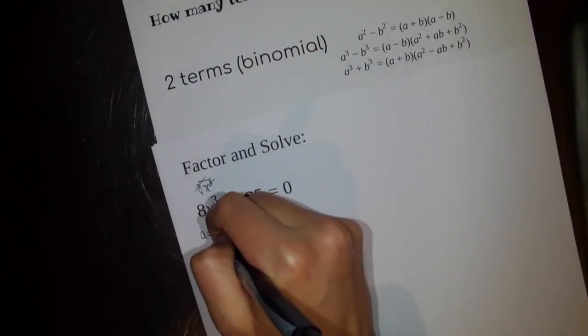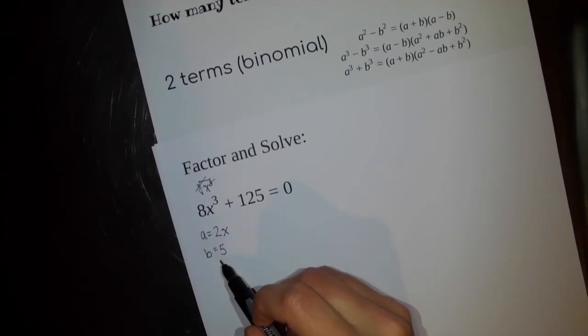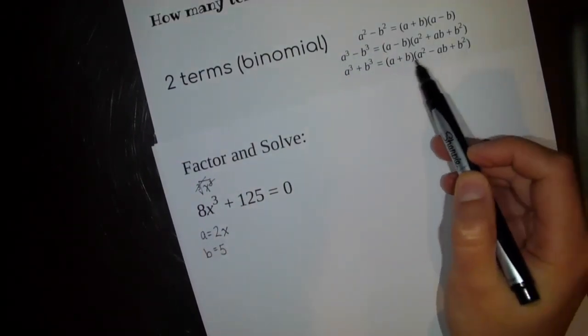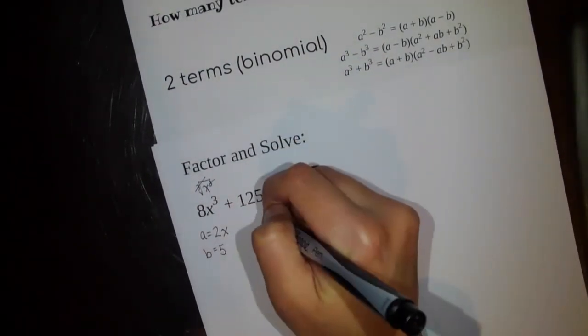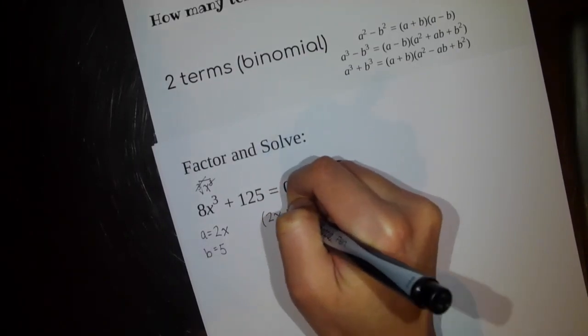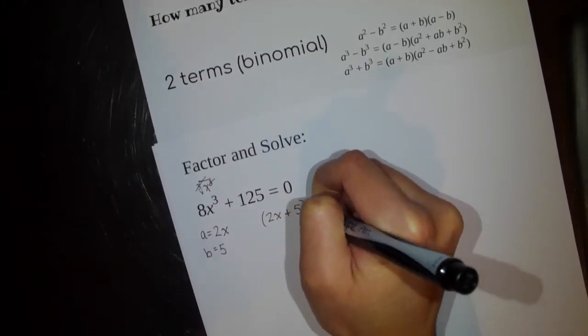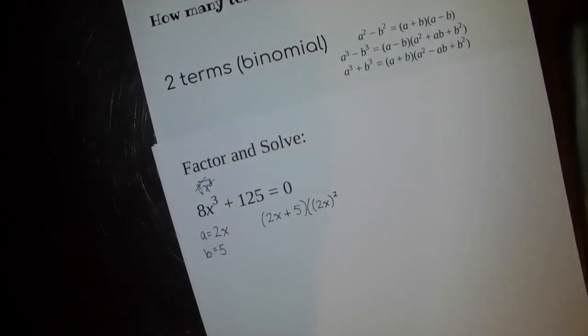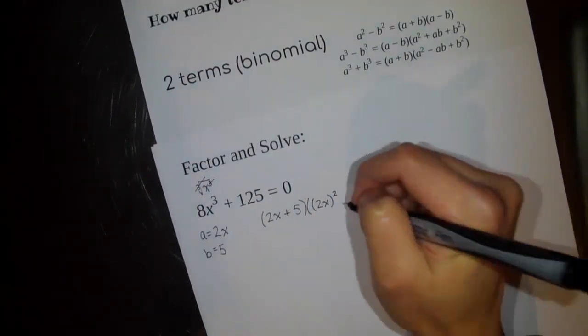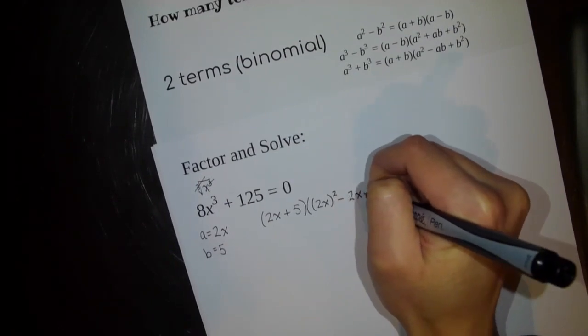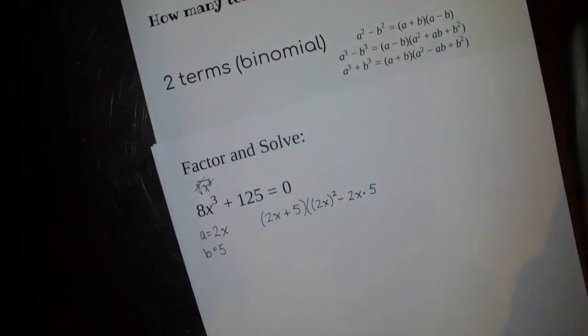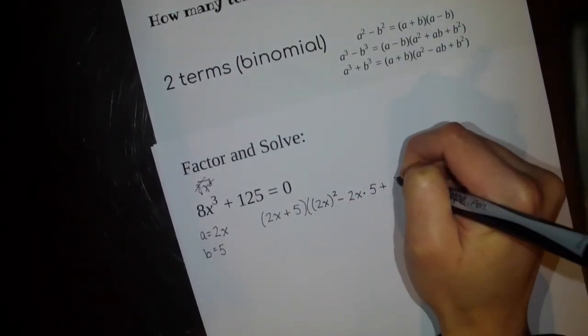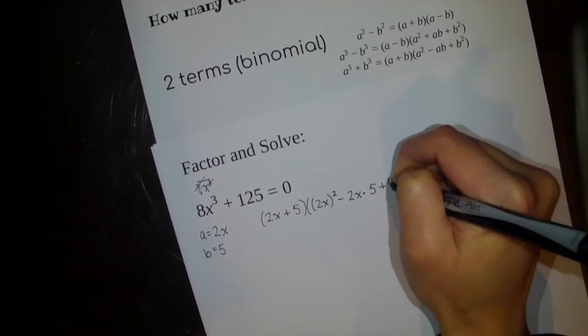And that's my b term. So I'm just going to plug my a and b into just this part of the formula. So this will be 2x plus 5, and then 2x squared. So notice I'm using parentheses, minus 2x times 5 plus 5 squared.